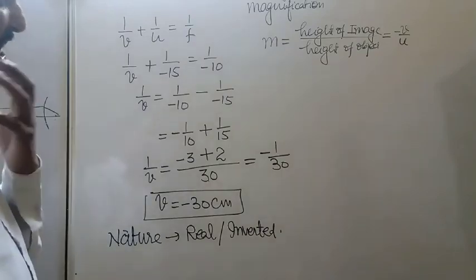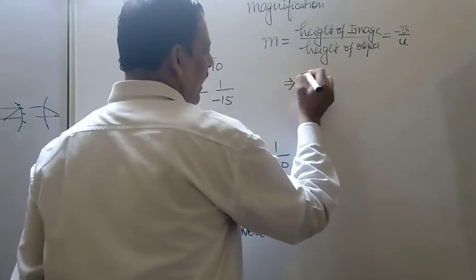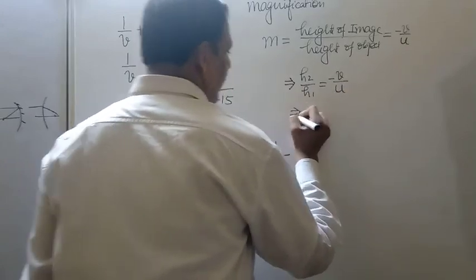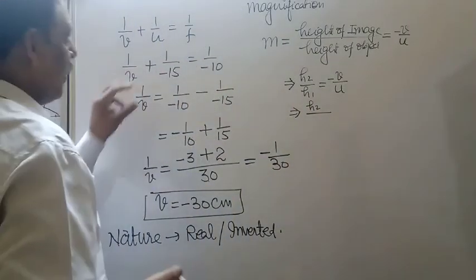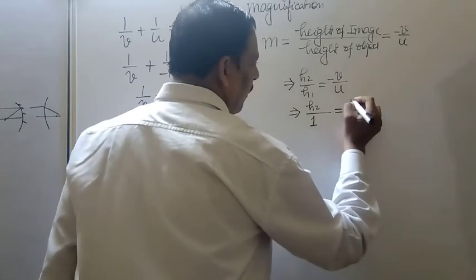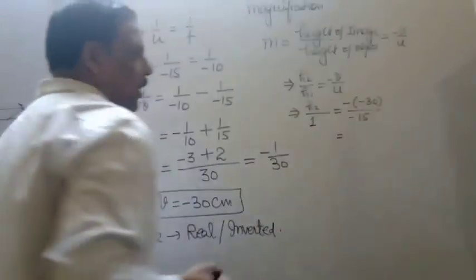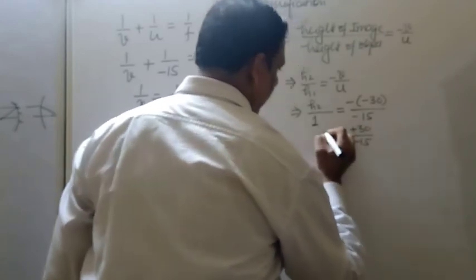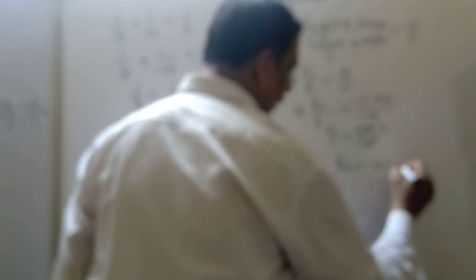So h2 upon h1 is equal to minus v upon u, which implies that we have to find h2, the size of the image. h1 is 1 centimeter, as given. So h2 upon 1 is equal to minus of minus 30 upon minus 15, which gives h2 equal to minus 2 centimeter.